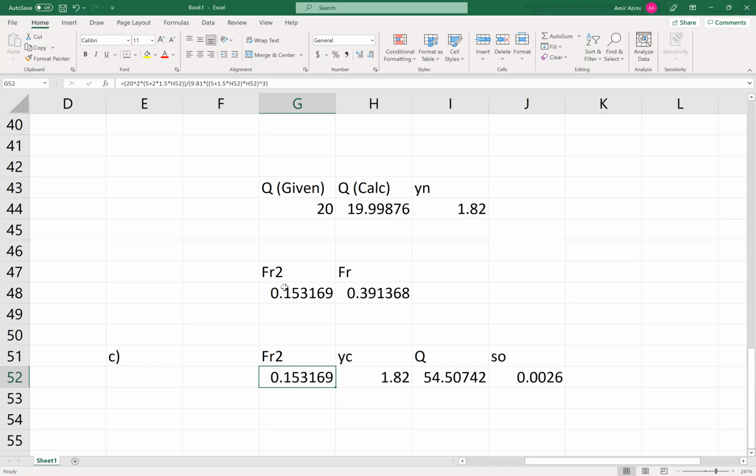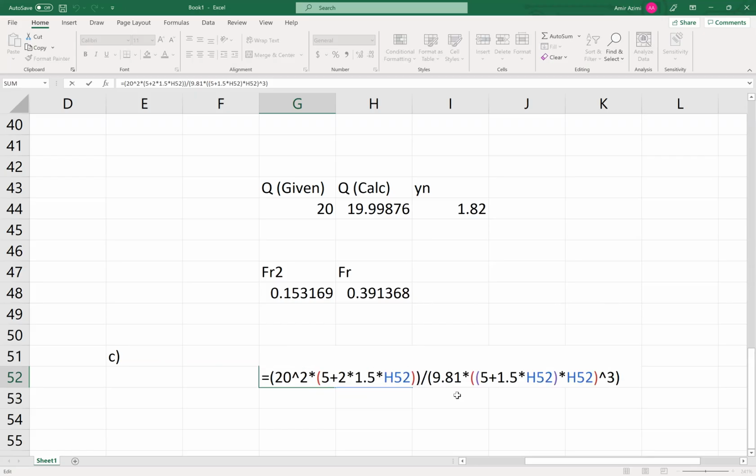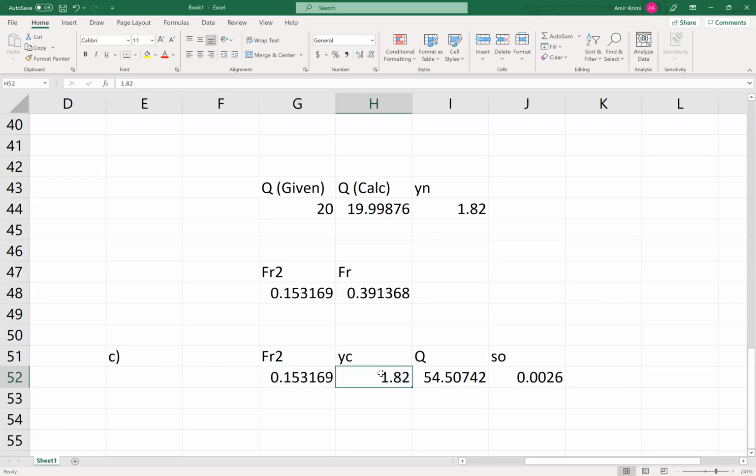So I can simply copy this here and then put the value of Y, and then I need to do trial and error to get Froude squared equal to 1. If I put 1, it is supercritical flow. So the depth should be slightly more, maybe 1.1. That's slightly less, 1.05. So you'll see that the critical depth is 1.05 meter because it gives me a Froude number very close to 1.